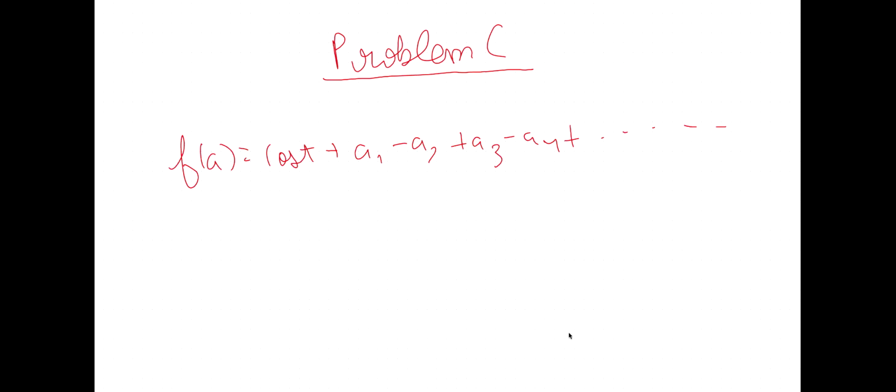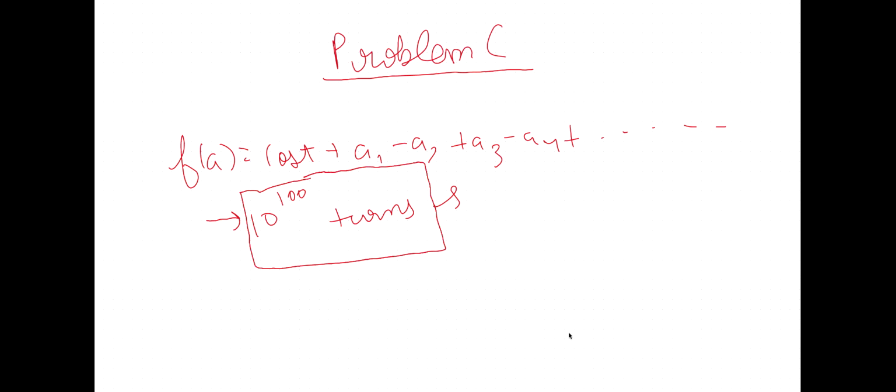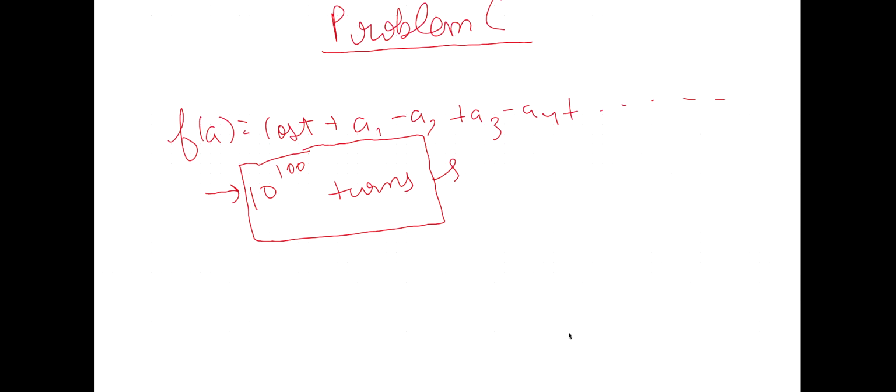Now consider the scenario where Alice and Bob are given an array of length n, then play a game taking at most 10 to the power 100 turns, alternately, with Alice going first. So they will be playing some game, and Alice will take the turn, and there are 10 to the power 100 turns. Alice goes first. I think this is not very important, but it's important if you are going to observe.